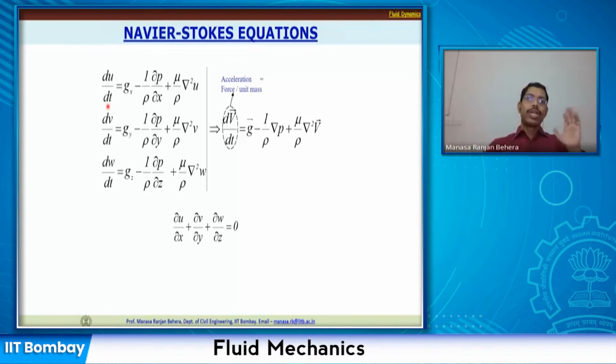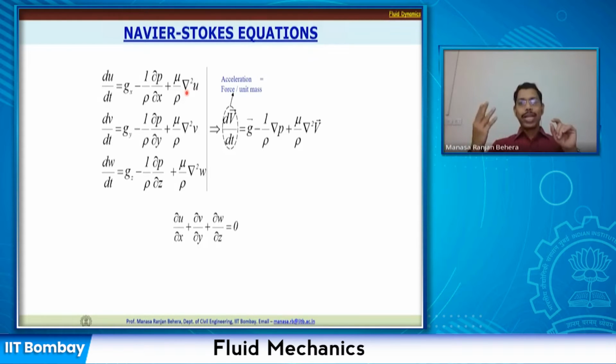Okay, so du by dt is the total acceleration, equal to gx, the body force in the x direction, minus 1 by rho dou p by dou x, the pressure force in the x direction. Then you have mu by rho del square u. What is this del operator? Del operator is nothing but dou by dou x plus dou by dou y plus dou by dou z.